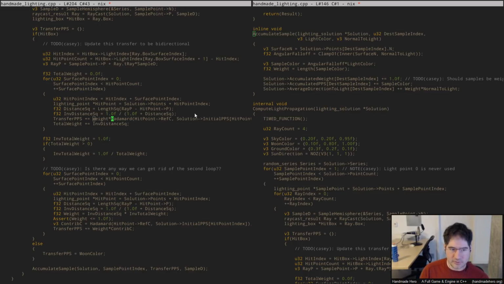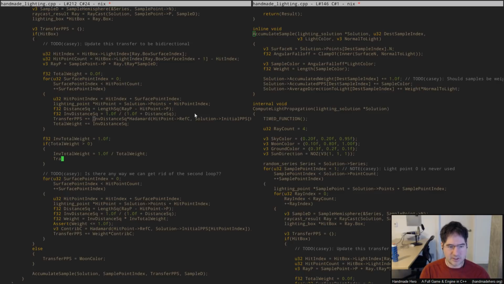If I just take the weight value here, and I say sum the values multiplied by the weighting value and sum the weight, when I'm done, I will have the inverse, and I can just take the transfer PPS and multiply it by the inverse total weight, and I'm done.